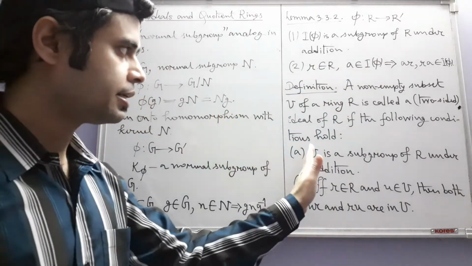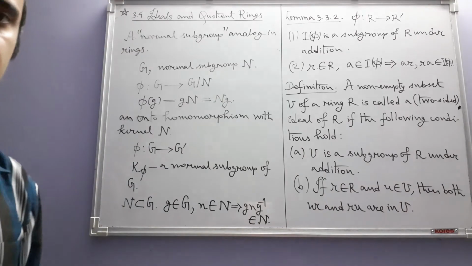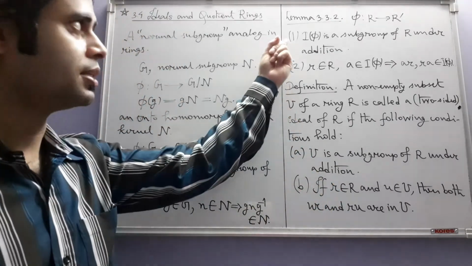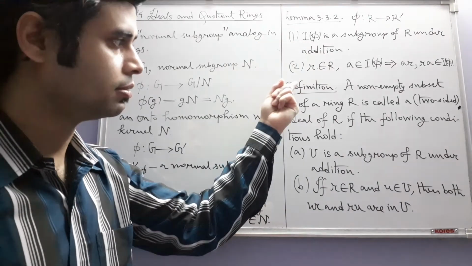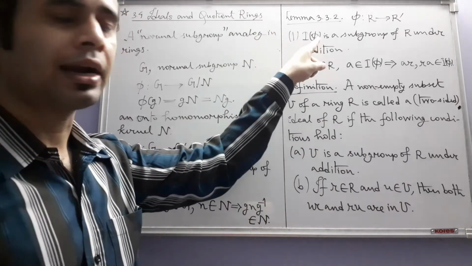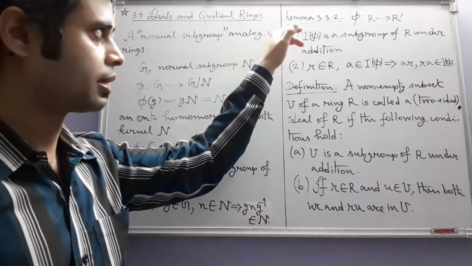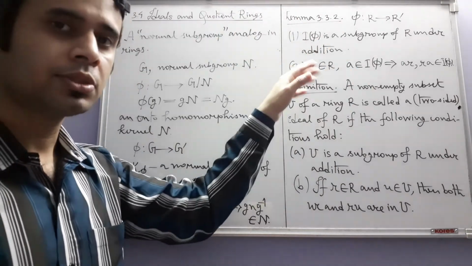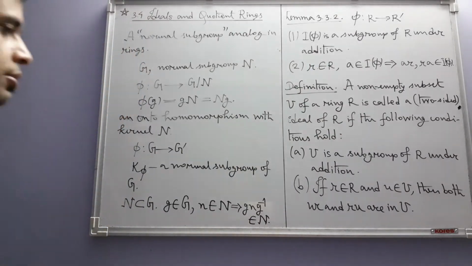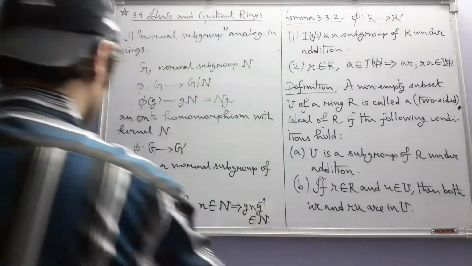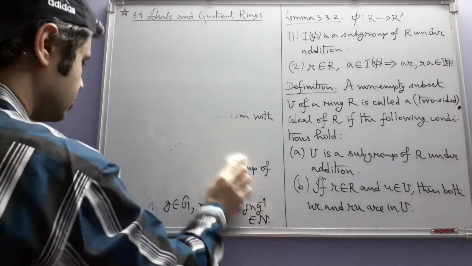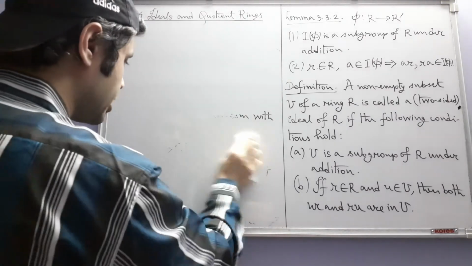So such a set will be called an ideal of R. So because of this definition and because of this lemma from the previous section, we automatically know that the kernels of homomorphisms are ideals in the domain ring. Okay. Now let us talk about that word two-sided.